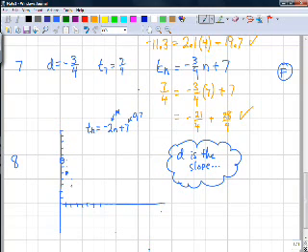Did anyone get any other answers there? Okay. Let's see how this goes here with T7 being 7/4. 7 goes there for n. Let's just check and see if that works out.